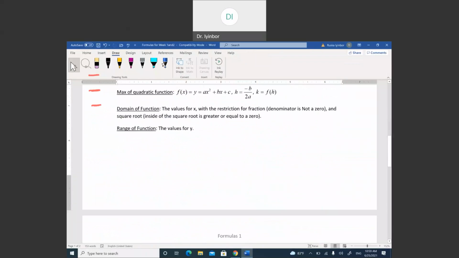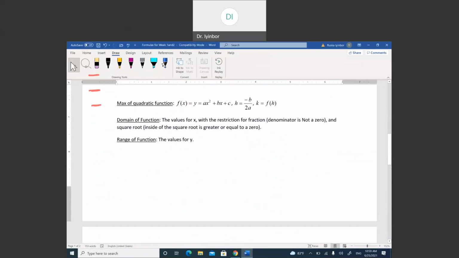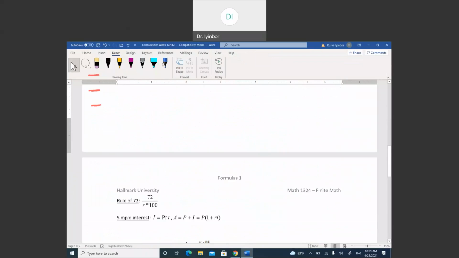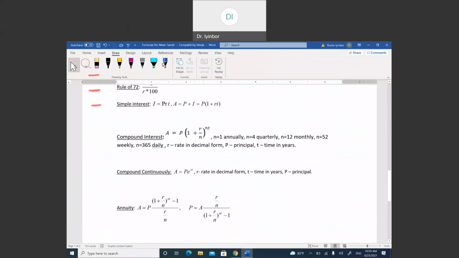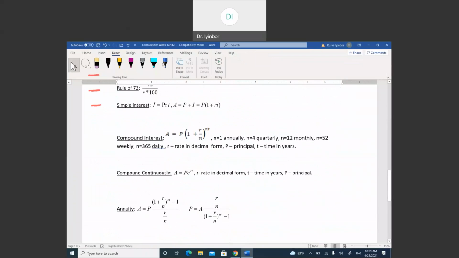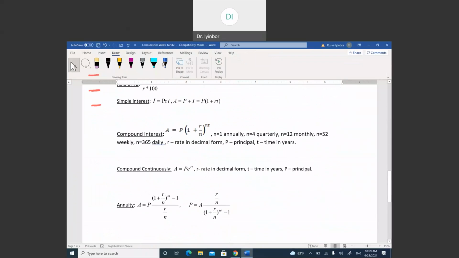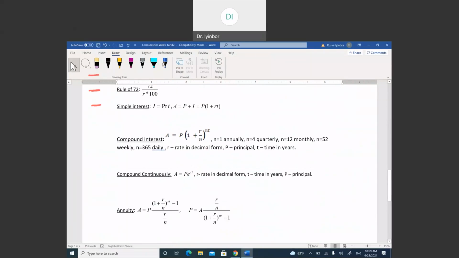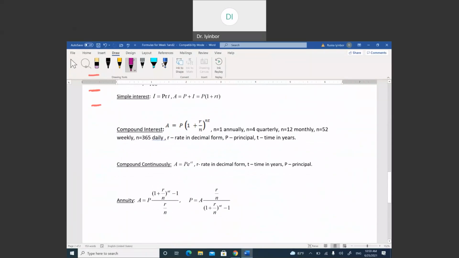Here in the formula sheet, explanation of domain, range, everything is here. So on the second page, next week, we're going to talk more about compound interest, compounding continuously, annuity, and more stuff like that. But here we just have simple stuff. So here we have, this is review from algebra. Compound interest, this is the formula you're going to use.